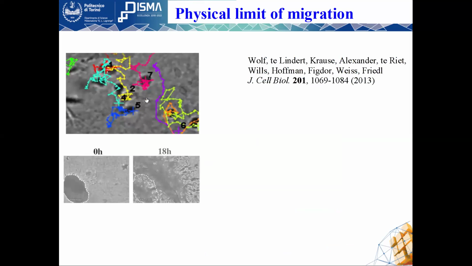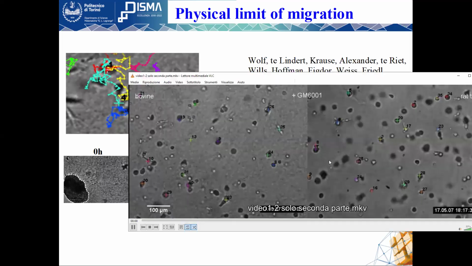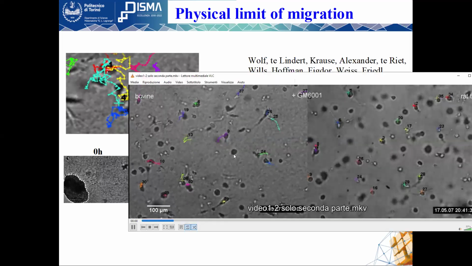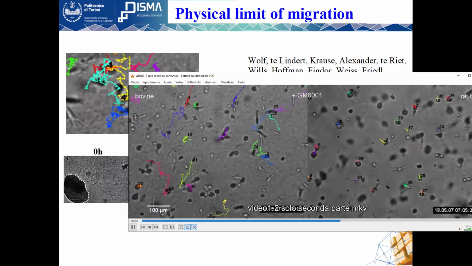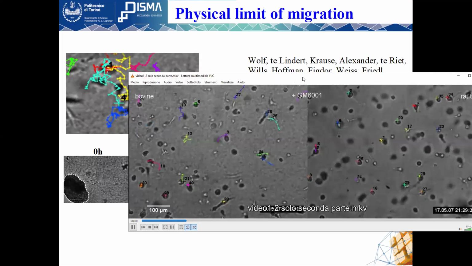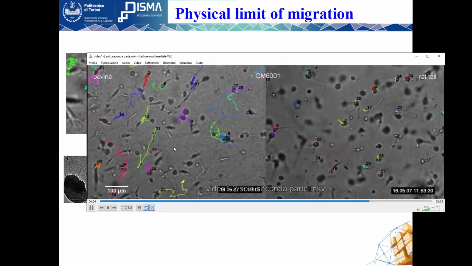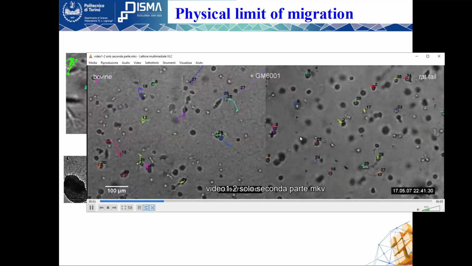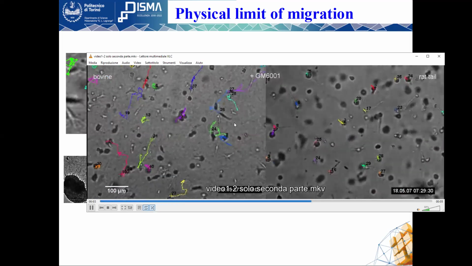And in fact, if you look at an ensemble of cells, this is the difference. You see here the same cells, but two different environments. This one is allowing cells to move.